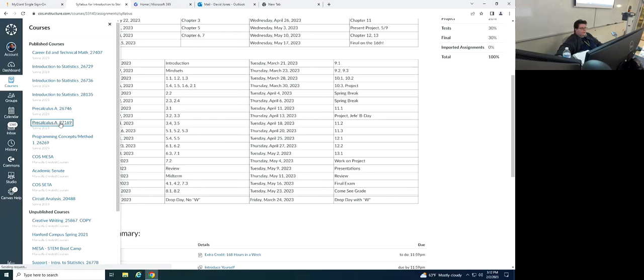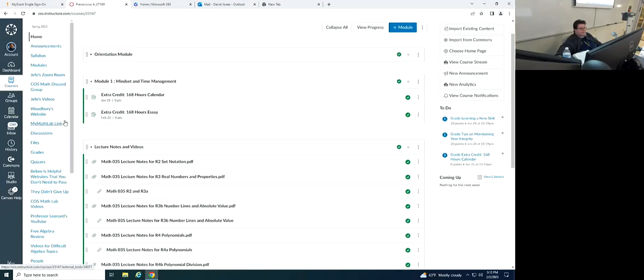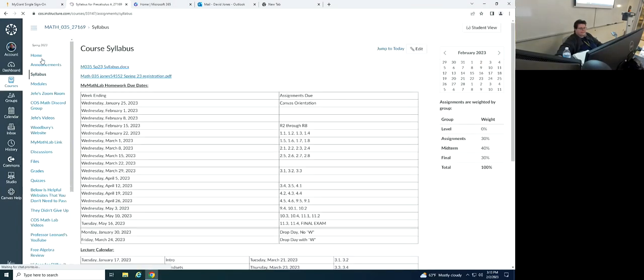If you come to your college algebra pre-calculus course, you click on syllabus, it will tell you what's due. The very first thing, due on the 15th, is all of chapter R. I've rescheduled the dates because my chapter R is completely off from what they're doing in my math lab.